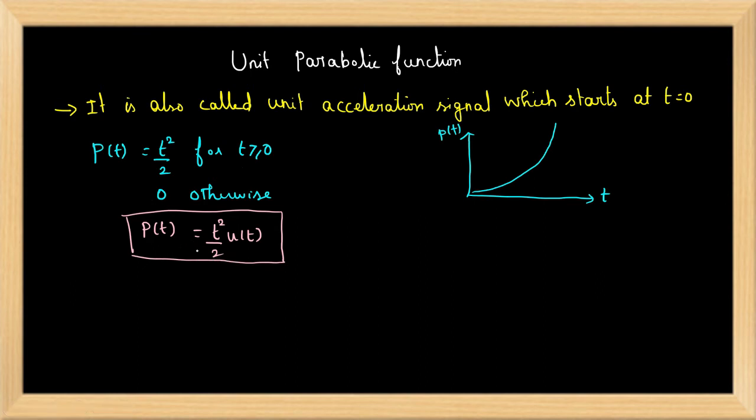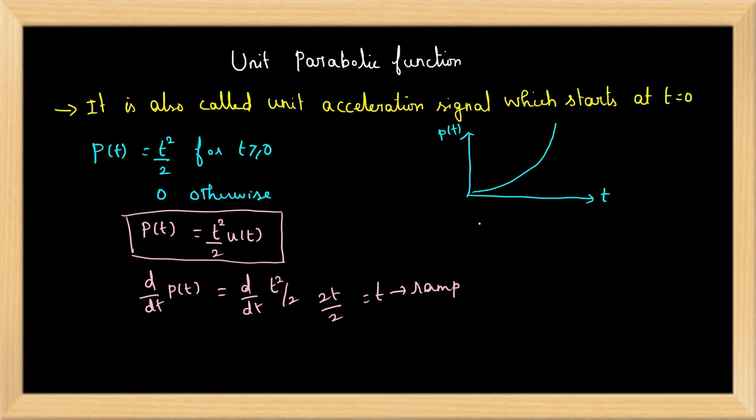Also, when you differentiate the parabolic function, you get the ramp function. d/dt of p(t) equals d/dt of t squared by 2, so you get 2t by 2, which is equal to t, the ramp function. Similarly, when you integrate the ramp function, you get the parabolic function.